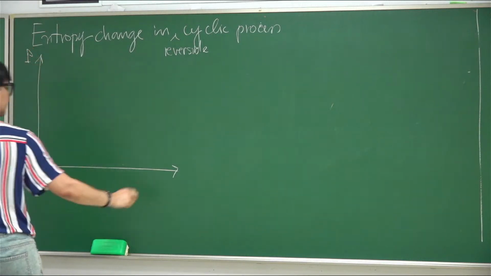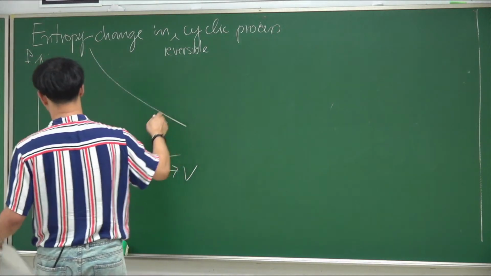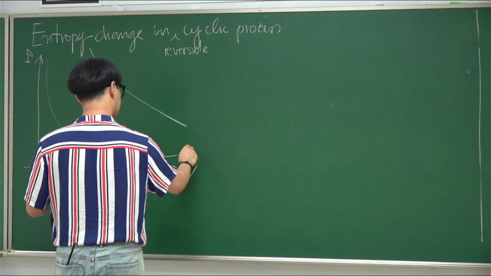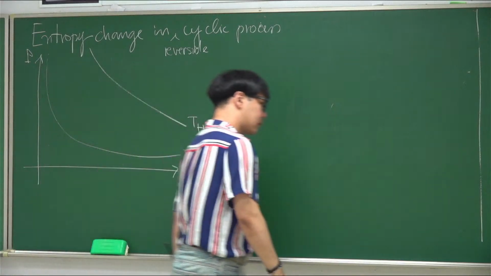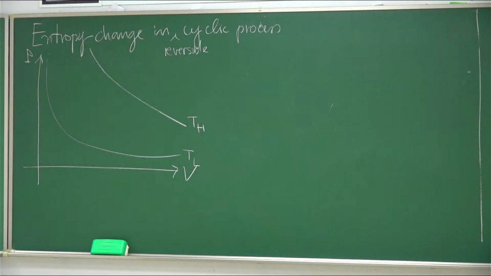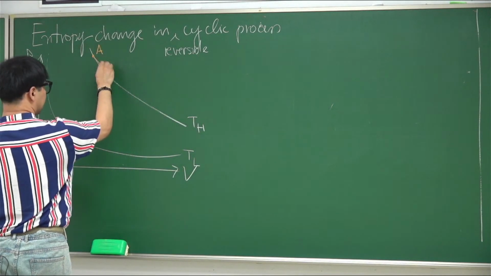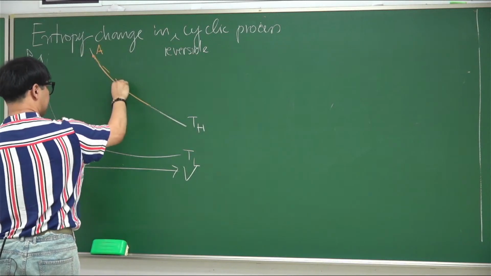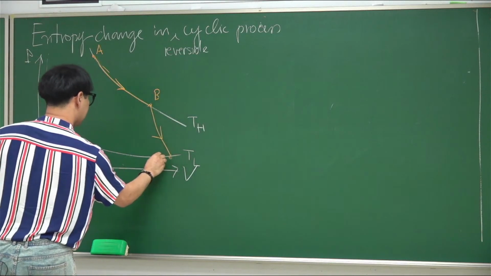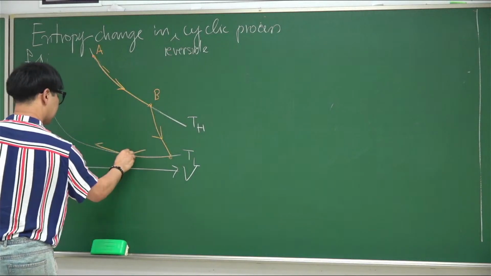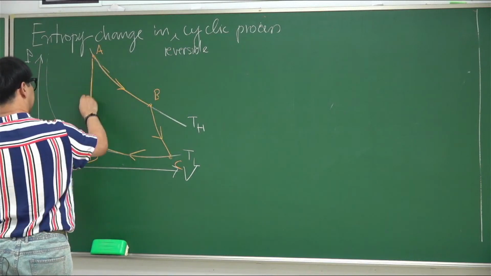You have two isotherms here, at Tc and Th, and your system starts here and then expands along this and then expands further, and then gets back here.